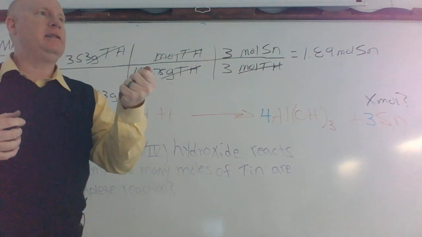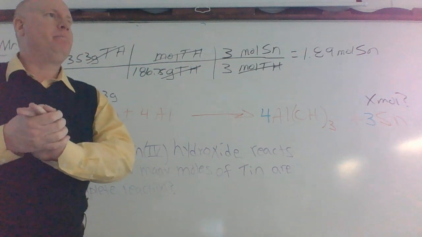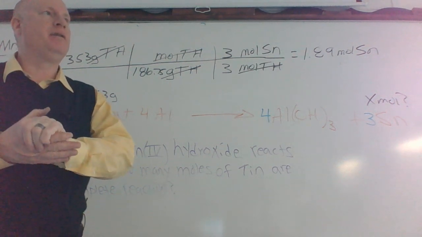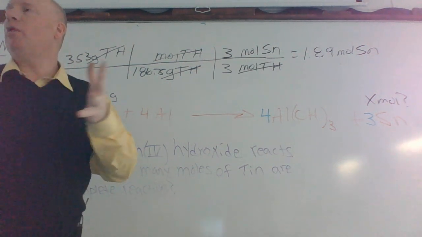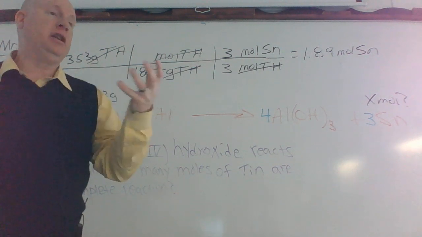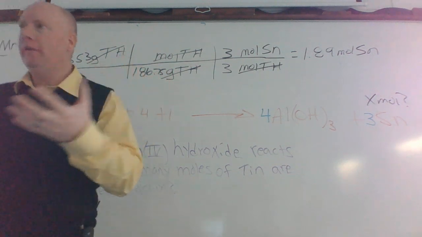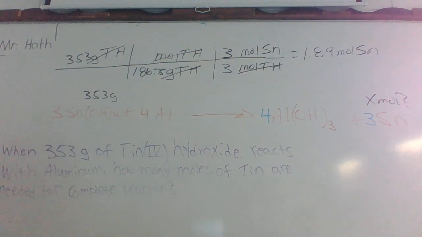Would be the 15th. So maybe somewhere around the 20th or so. It takes quite a while to get through this chapter, just because it is so large, because we have these types of problems, limiting reactants, and then also percent yield.